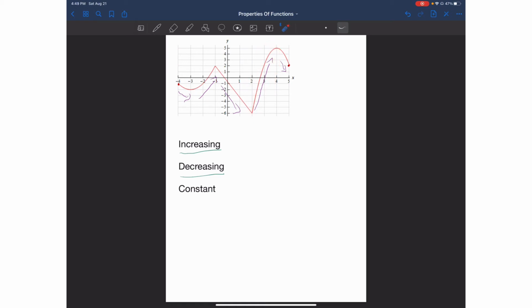Like I said before, we are going to describe increasing and decreasing with the x values or over a domain. So I'm going to say my graph is increasing from x equals this number to x equals this number. So to find exactly where the graph changes, I'm going to color code. I'm going to highlight only the increasing parts first.